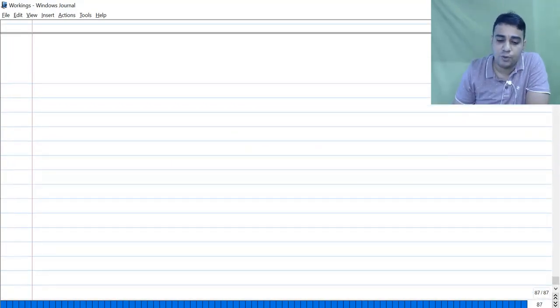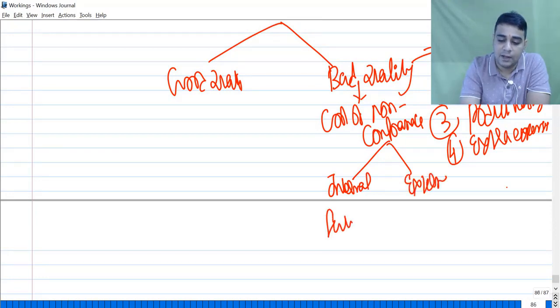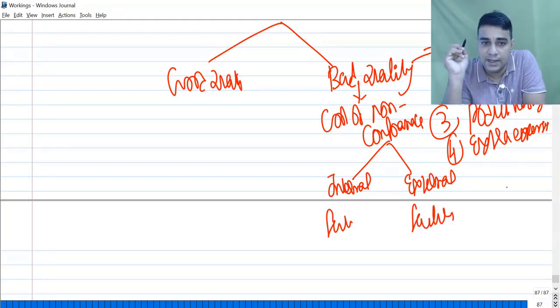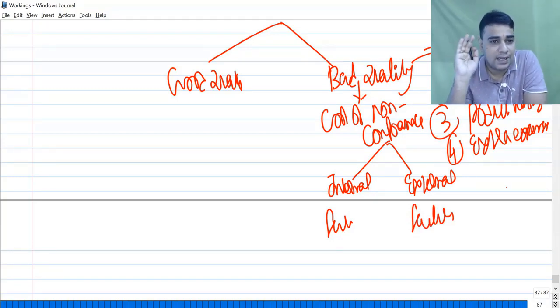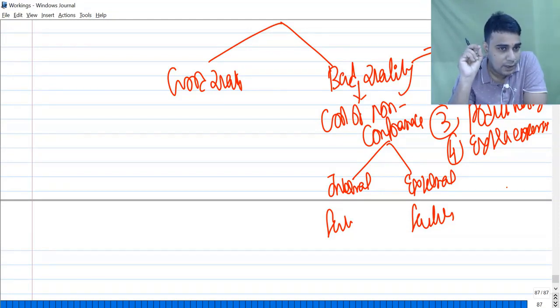These are broadly of two types: internal failure, external failure. Both are issues. External failure is a bigger issue. Internal failure is when you get to know that there is some problem with the product within the company. For example, Maruti manufactures cars. Before the car was dispatched to the end customer, they got to know that there is some issue with the product.